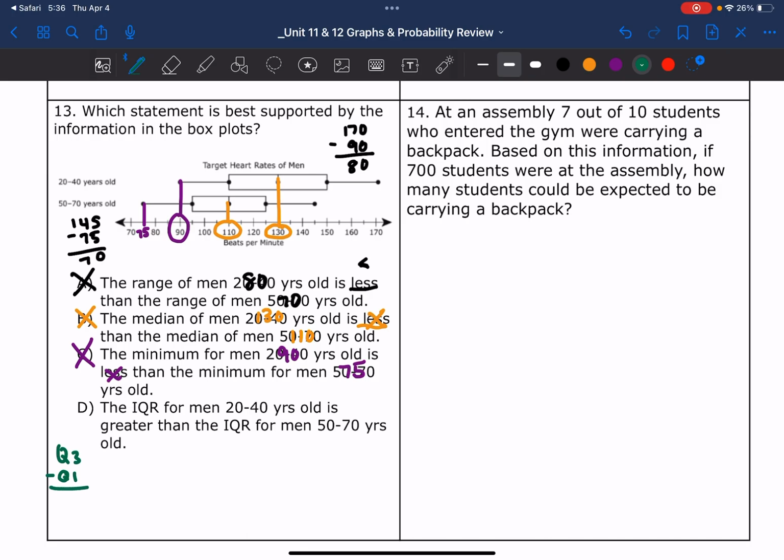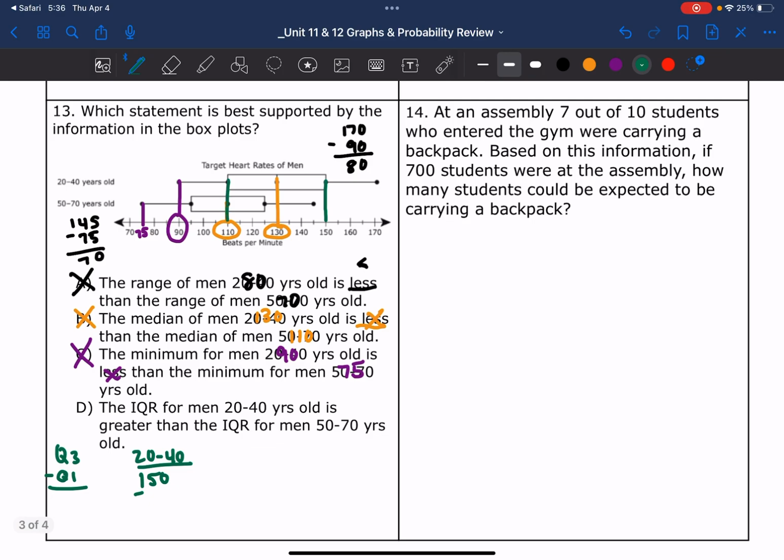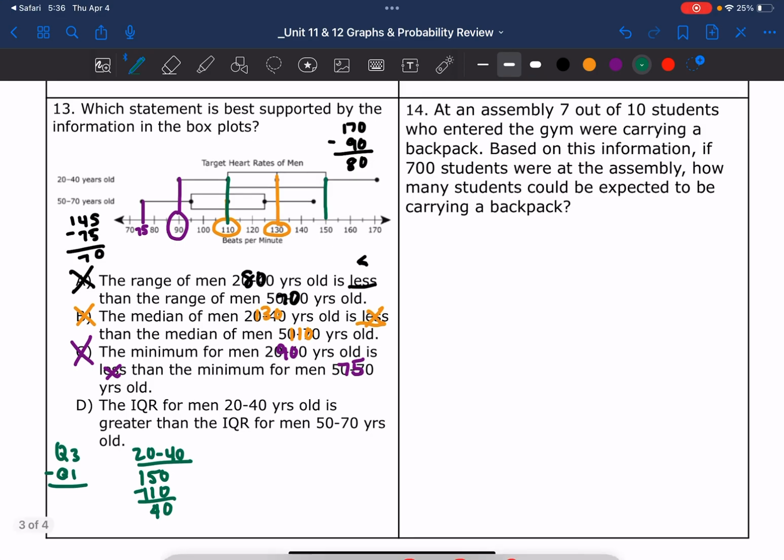Okay, so here 20 to 40, that is going to be, let's see, we're looking here, 150 minus 110. 15 minus 11 is 4, so that is 40, okay? And then 50 to 70, that is going to be 125 minus 95.